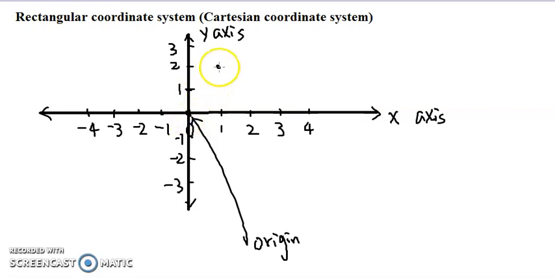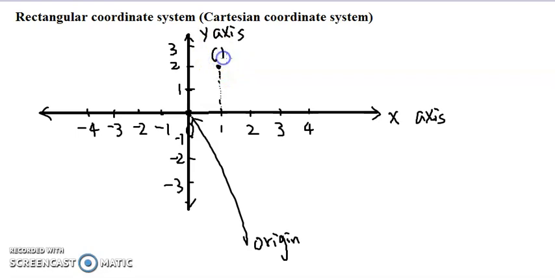So with respect to this origin, suppose a fly is right here, and how do we determine where it is? There are two numbers. We start at this point and go over. The horizontal movement will be 1 unit with respect to the origin, but the vertical movement is 2 units. So it's sort of like over 1, up 2.